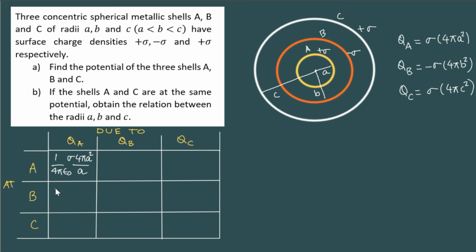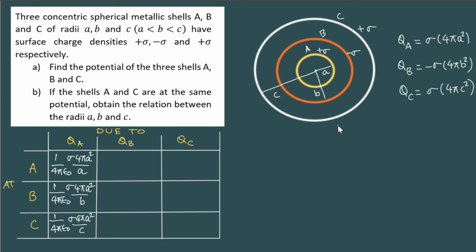So charge QA will generate a potential of 1 by 4 pi epsilon naught, sigma times 4 pi a squared, but at B we are supposed to use the distance b. Similarly, for a point on C, the potential will be 1 by 4 pi epsilon naught, sigma times 4 pi a squared, divided by c.